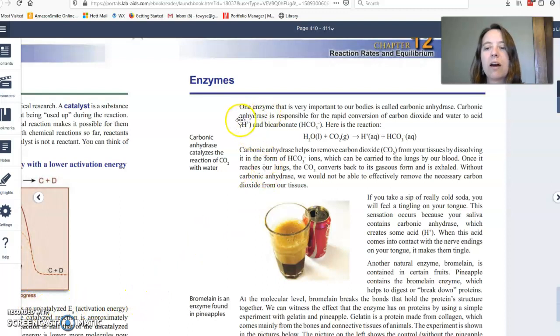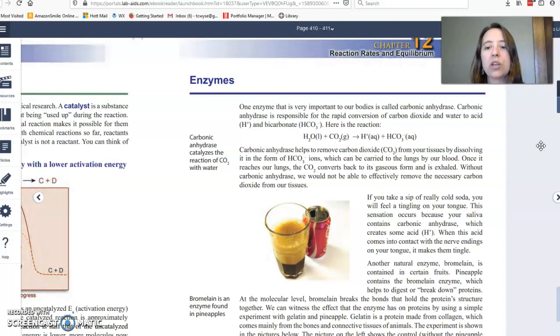We talked about carbonic anhydrase, and carbonic anhydrase is responsible for the conversion of carbon dioxide and water into the bicarbonate ion. So it picks up the carbon dioxide from your tissues and dissolves it into a bicarbonate ion, where it can be carried by the blood, and then once it hits the lungs, it's converted back into carbon dioxide and it is exhaled.